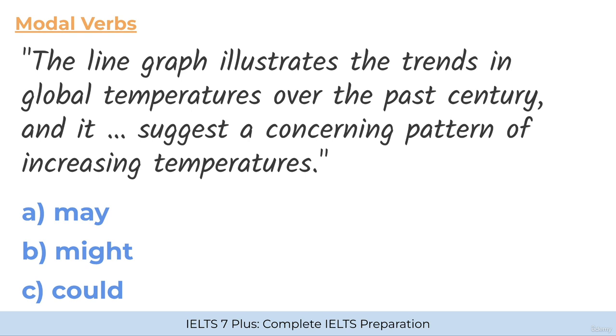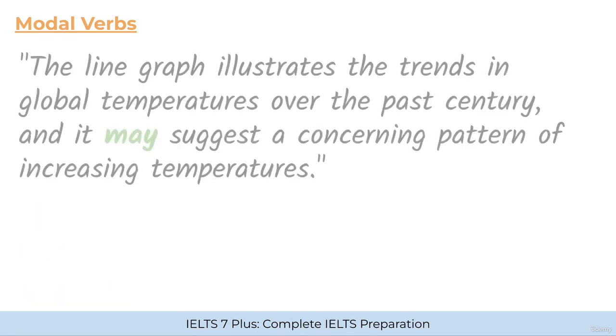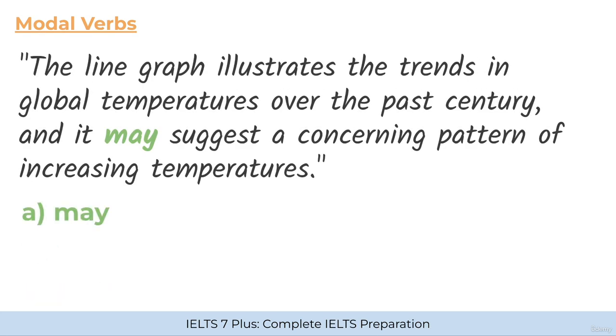Something that we are not 100% sure about, but we want to suggest that it's maybe likely. So have a think which one would work well here. I think may is quite nice here. It may suggest a concerning pattern of increasing temperatures. Okay, well done if you got that correct.